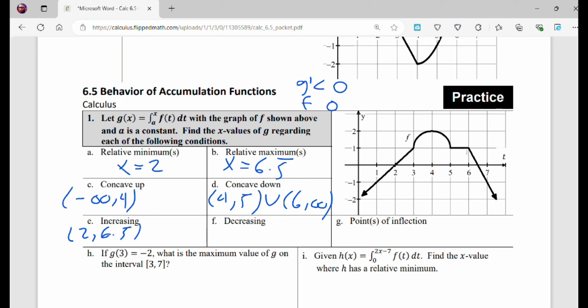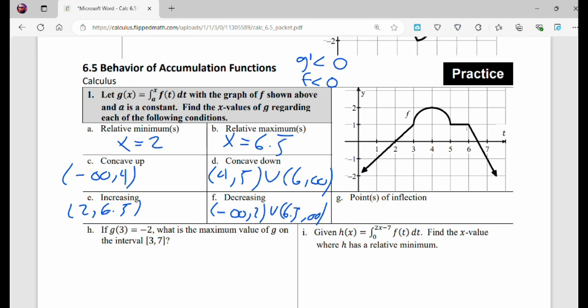That means that f is less than 0 if g is decreasing. So we're going to look at the graph and we can see that it is negative from negative infinity to 2 and 6.5 to infinity.